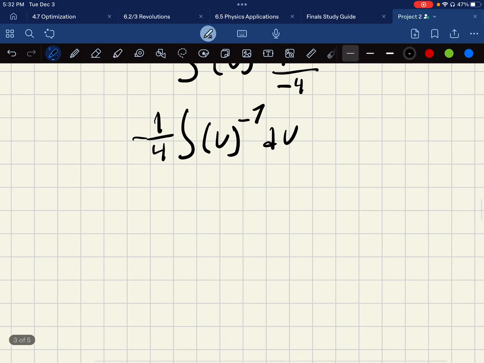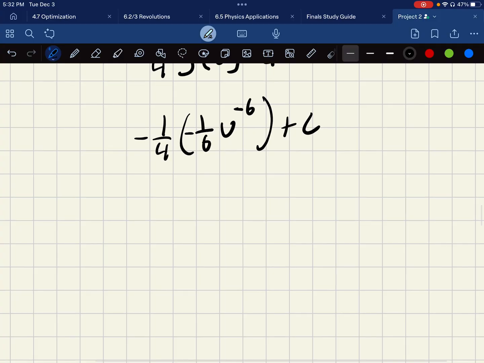So now we can just take the antiderivative of this inside term. So we'd get negative 1/4 times... we're adding 1 to that, so we're actually subtracting from the 7. So you get negative 1/6, my bad, u to the negative 6 plus C. Okay, now we just times these two together.